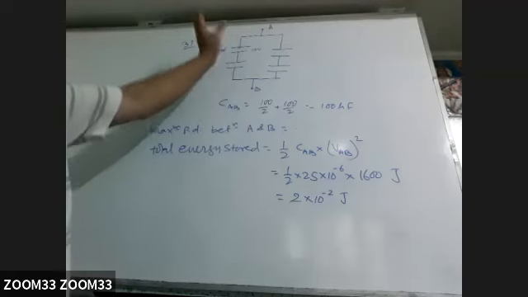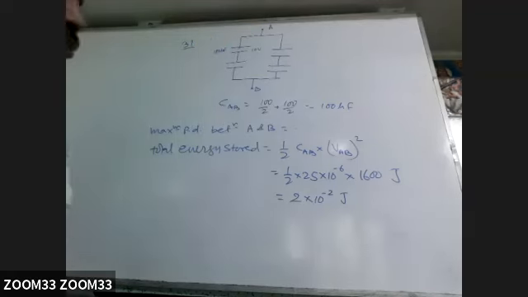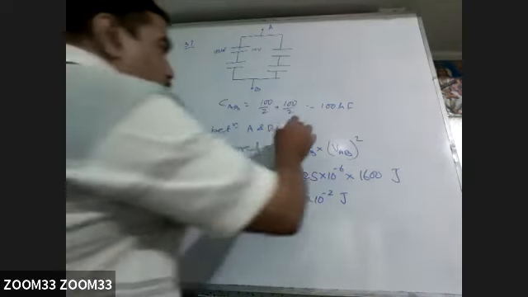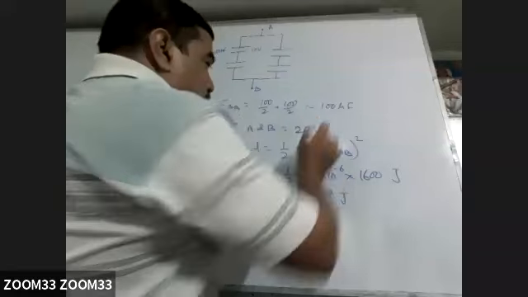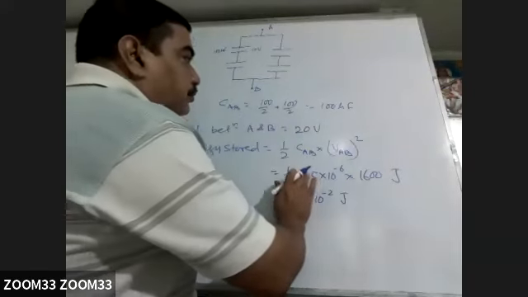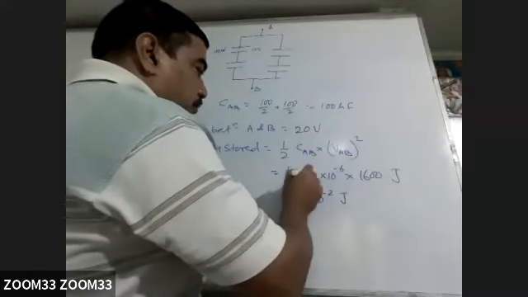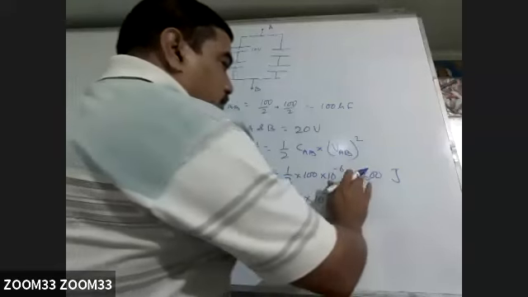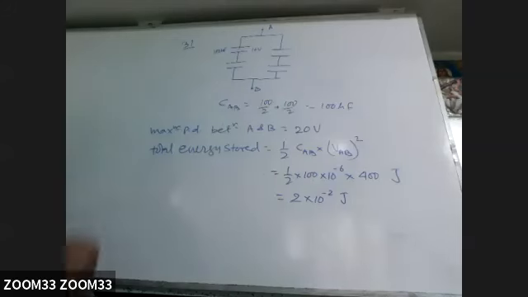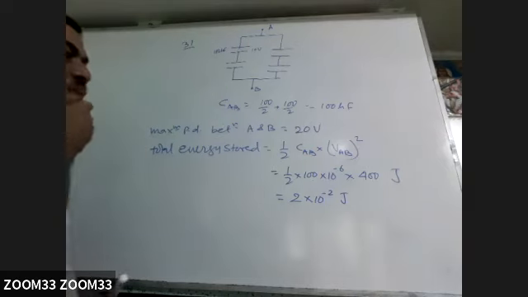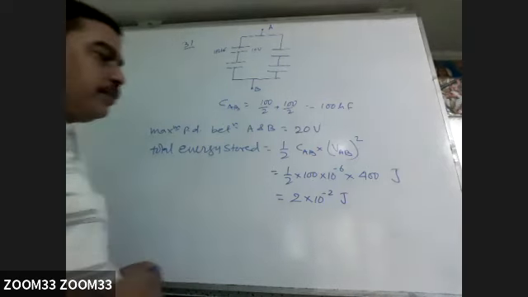So naturally both will be damaged. So the maximum voltage between A and B will be 20 volt.